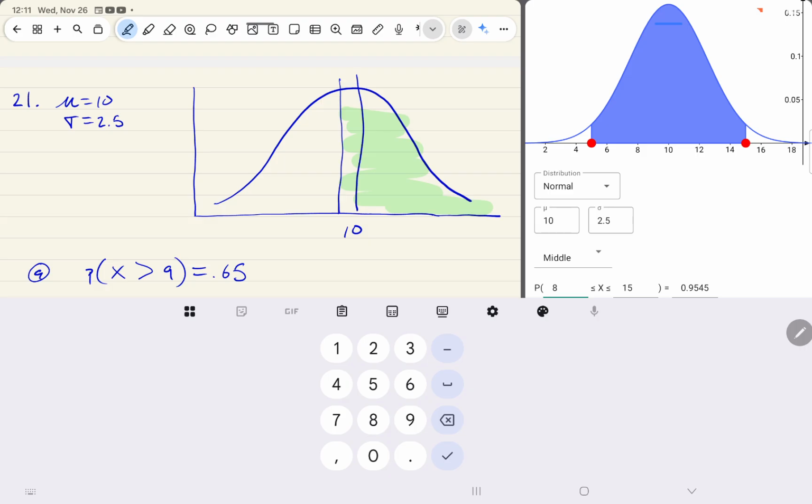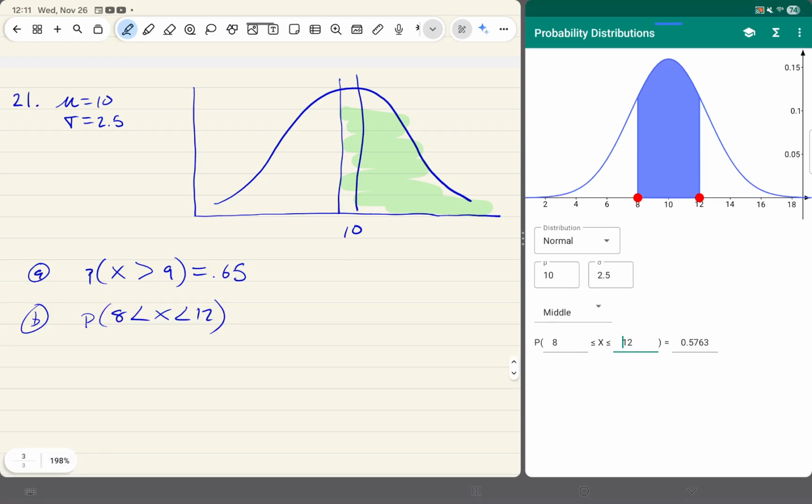That one is going to be 8, and this one is going to be 12. So that probability is in the middle and about 0.57, or it's about a 57% chance of selecting someone who watches between 8 and 12, or the proportion that watch between 8 and 12.